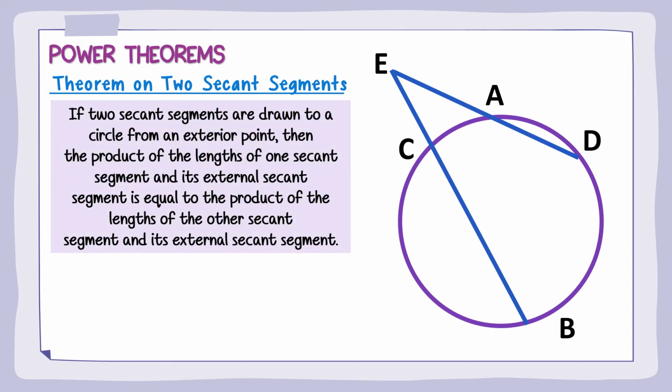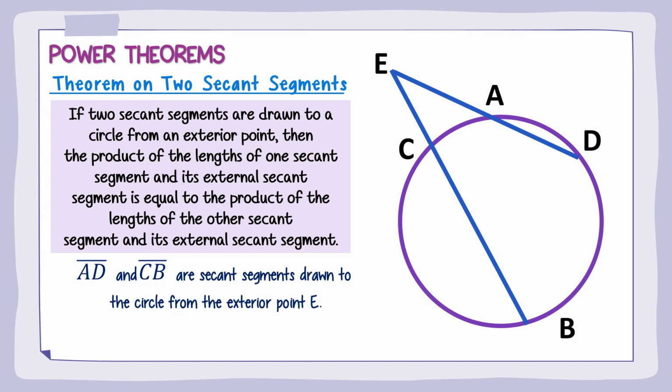So, according to this theorem, if two secant segments are drawn to a circle from an exterior point, then the product of the lengths of one secant segment and its external secant segment is equal to the product of the lengths of the other secant segment and its external secant segment. So, if we have the secant segment ACB or AB, EB, at saka EAD or ED.